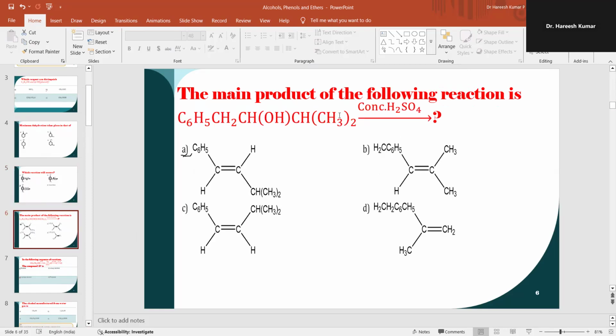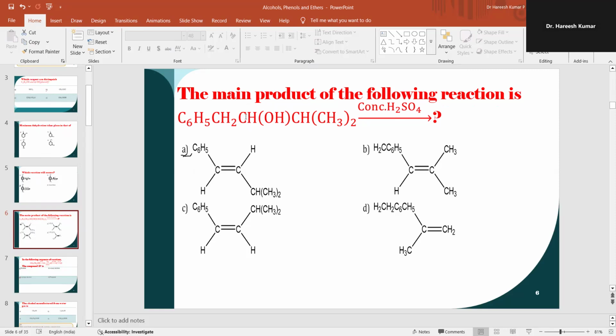Here elimination means a dehydration reaction. The main product of the following reaction is... you can observe that this CH2 is called the benzylic proton. The benzylic protons are more acidic compared to the secondary and tertiary protons. So this proton can be easily removed using concentrated sulfuric acid.